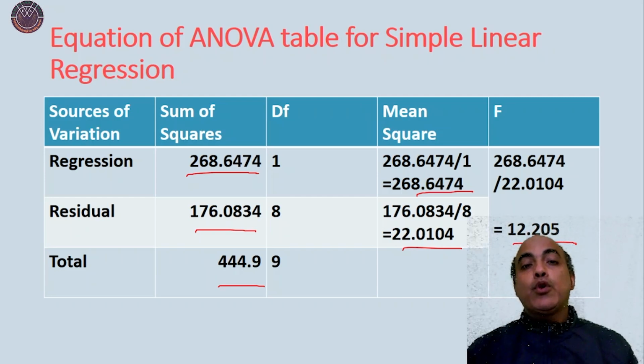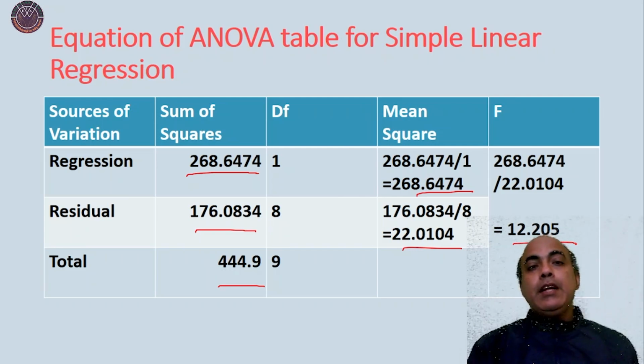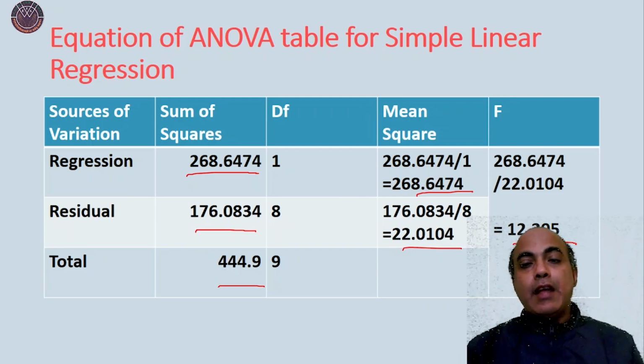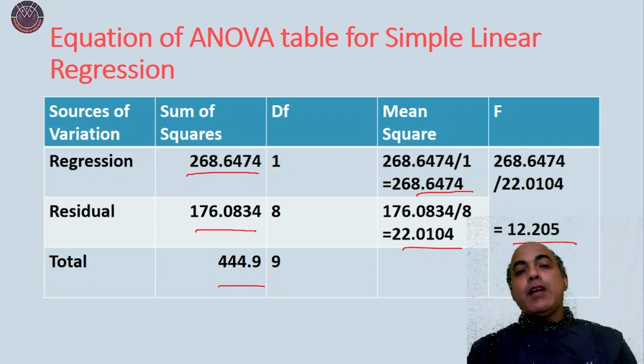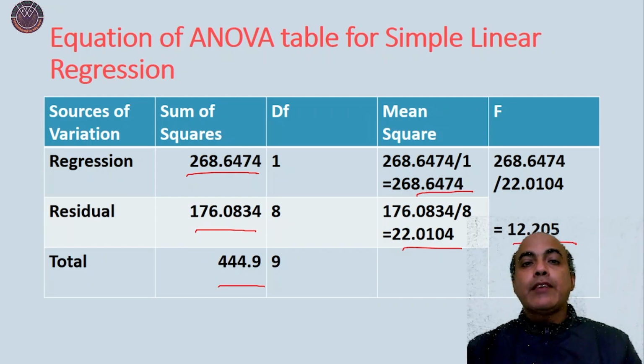That means the coefficient of the x term is 0. Then only this will happen, because if the coefficient of the x term is 0, there will be no relationship between x and y. So basically we conduct this F test with the hypothesis that there is no relationship between the independent and dependent variable. The coefficient of x is 0.